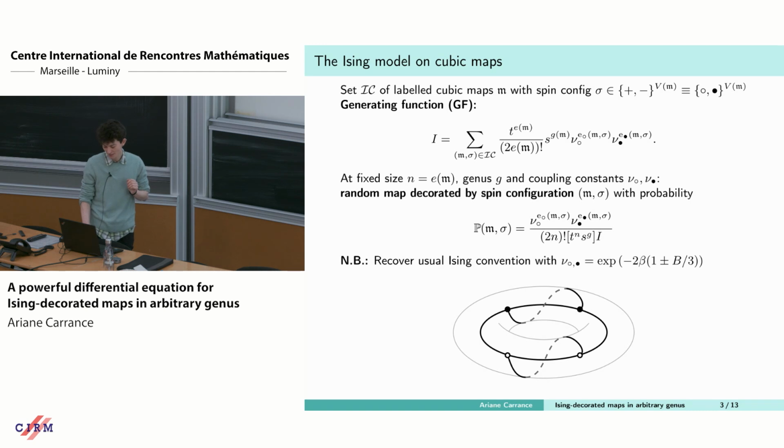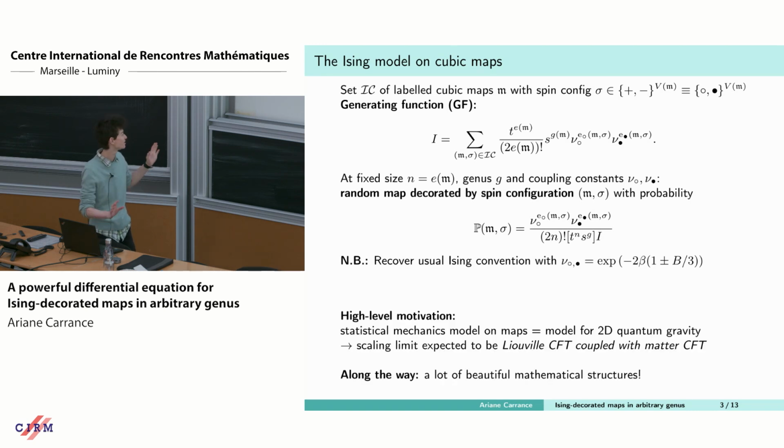If so, let me state, just before stating our results, if you want some high-level motivation of why we want to look at statistical mechanics models on random maps instead of fixed graphs like Z to the D, for instance: the fact that the underlying graph is random itself and that it's coupled with the statistical mechanics model that we put on top of it makes it sort of a toy model for 2D quantum gravity.